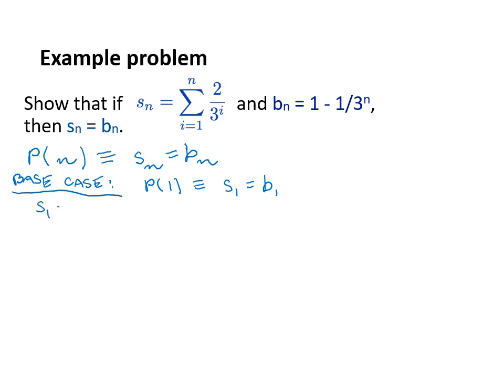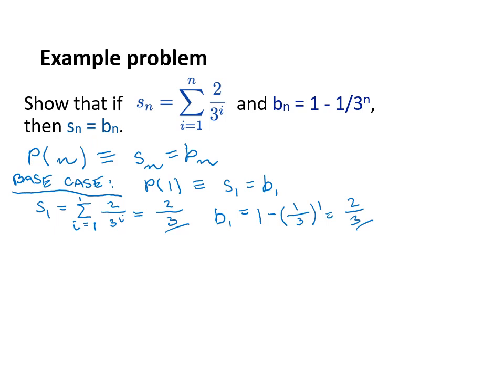S of 1 is equal to the sum from i equals 1 to 1 of 2 over 3 to the power of i, and then it's equal to 2/3, and B of 1 is equal to 1 minus 1 over 3 to the power of 1. That's also equal to 2/3. Okay, so we show that S of 1 is equal to B of 1, and we proved our base case.